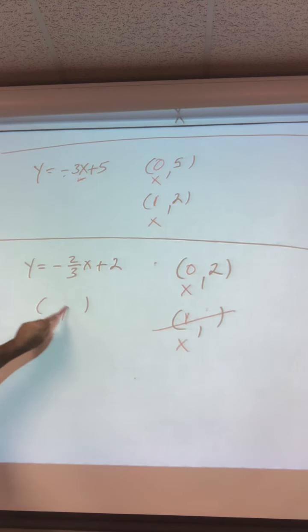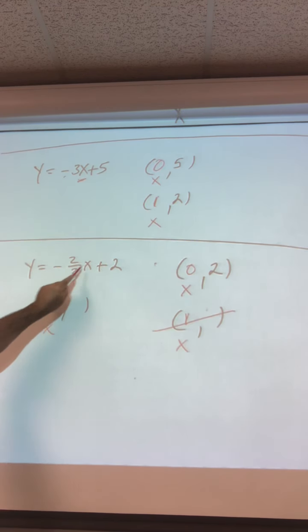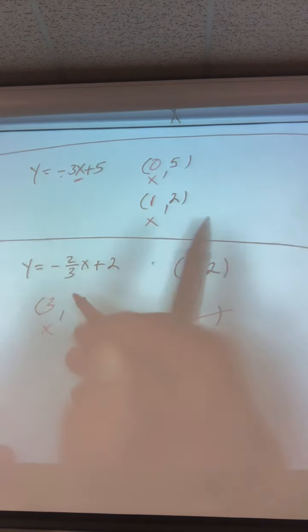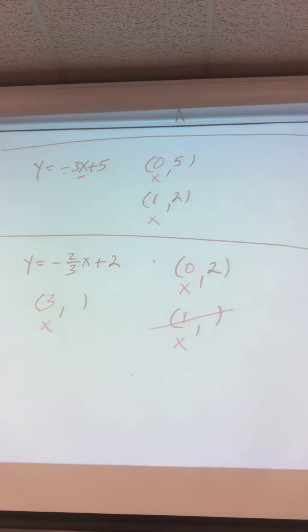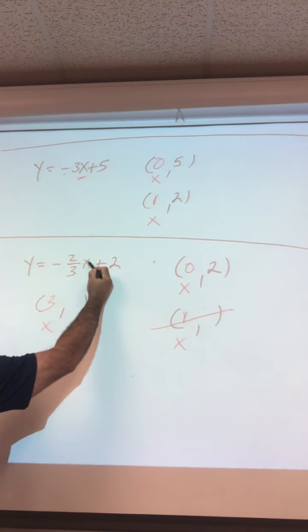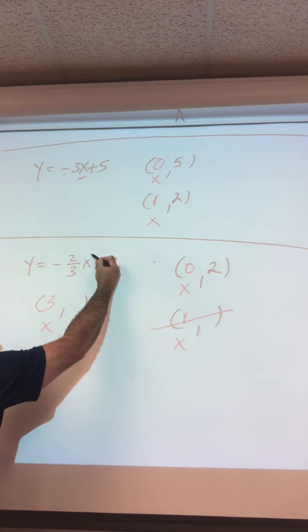Now I've only got to do this one more time. So I'm going to choose that number that's right there. So I'm going to choose 3. Now, watch what happens. When you put the 3 right here, 3 cancels with the 3 and leaves 1.